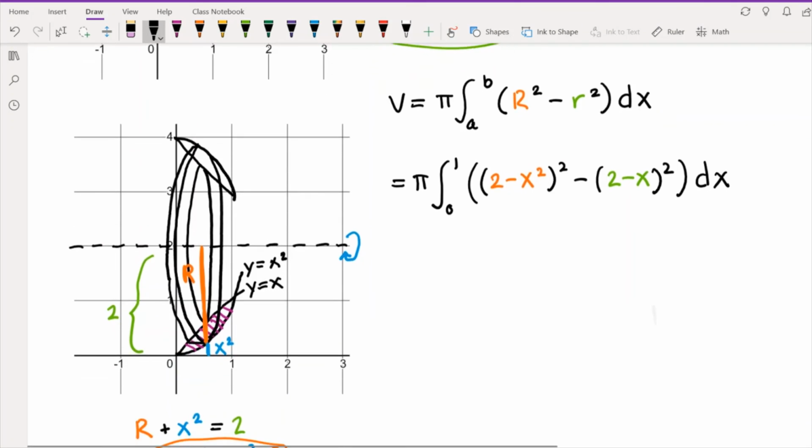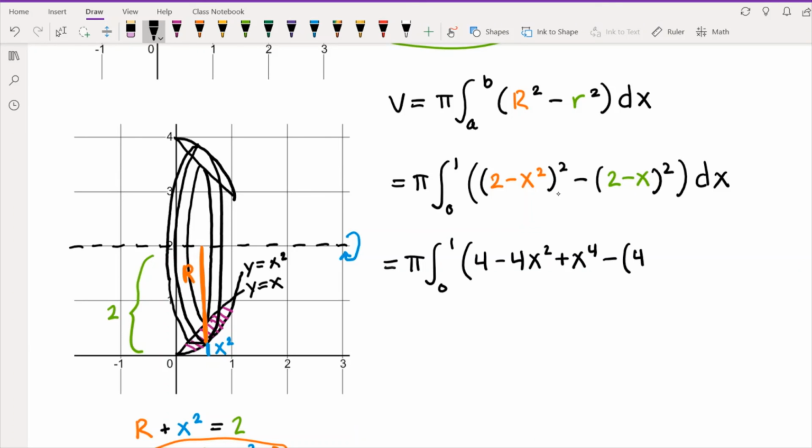So this one, there's going to be a little bit more computation. As always, if you want to pause the video and work it out yourself and come back rather than watching me go through all of this, feel free. So if we were to multiply this out, we would get 4 minus 4x squared plus x to the 4th, minus 4 minus 4x plus x squared.